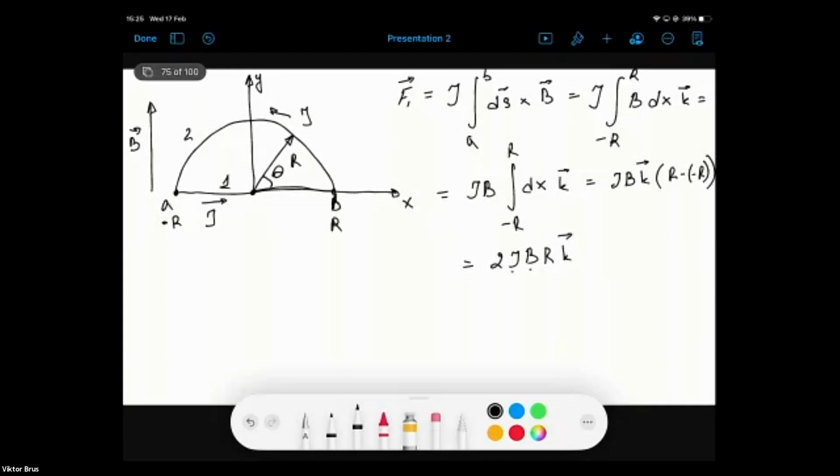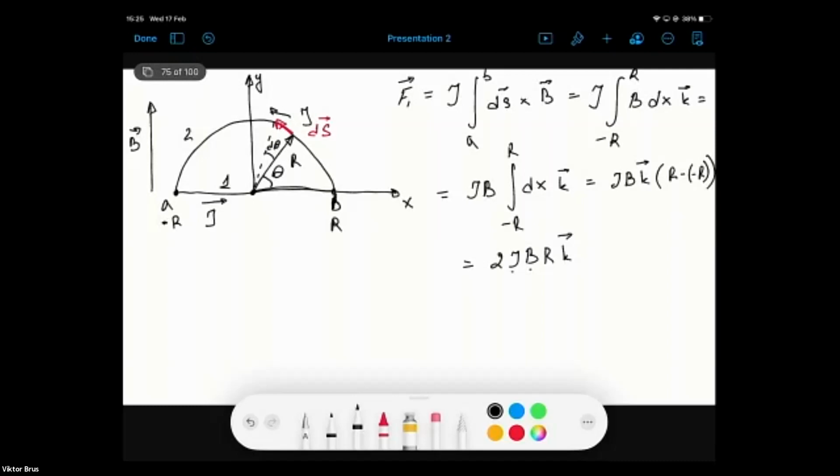And here, maybe I can change the color. We have some vector ds, a small segment of this arc, and this can be represented with d theta, a small change of the angle theta.